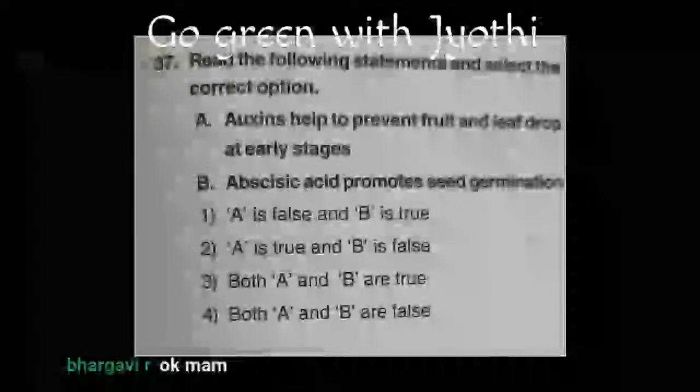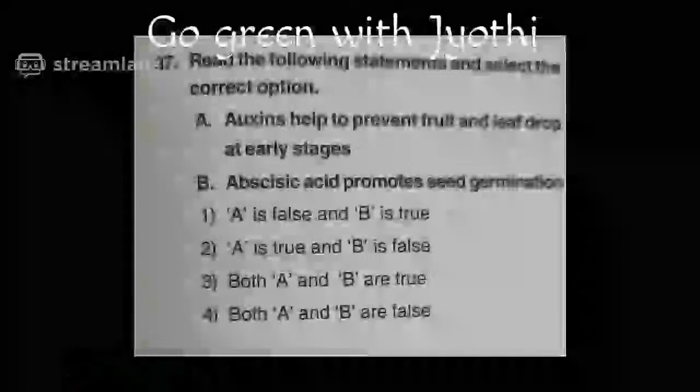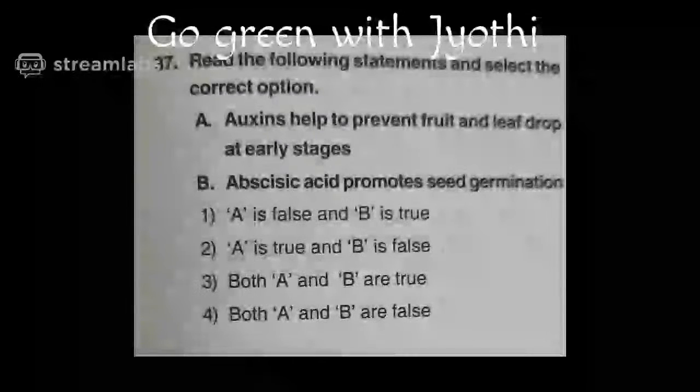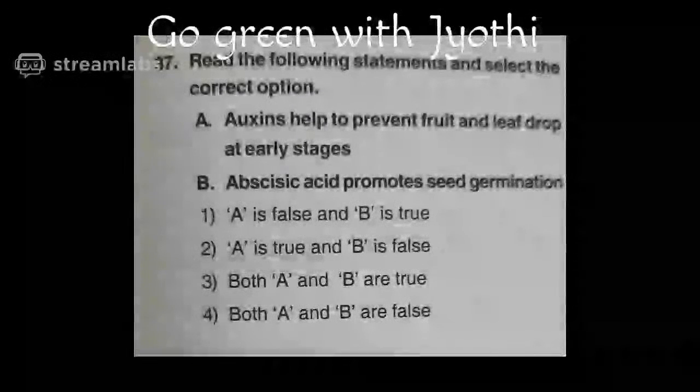Now, auxins help to prevent fruit and leaf drop at the early stages. Abscisic acid promotes seed germination. Which is the correct statement and which is the false? You want to identify the correct statement and the false statement. Look at the options.